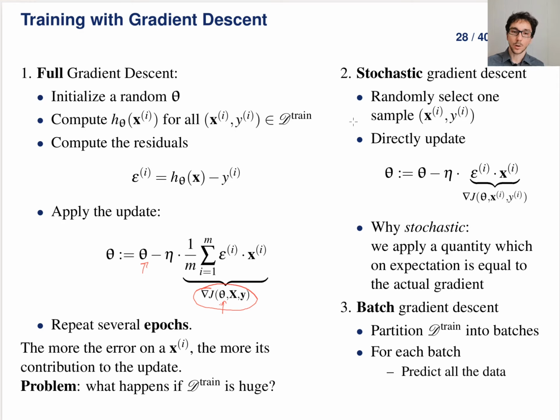So another way of doing gradient descent is stochastic gradient descent, in which you take a random sample and you compute the gradient of the loss function just on that sample, and you immediately update the parameters. So instead of waiting to travel the entire dataset to update the parameters, you do it for every sample you evaluate.